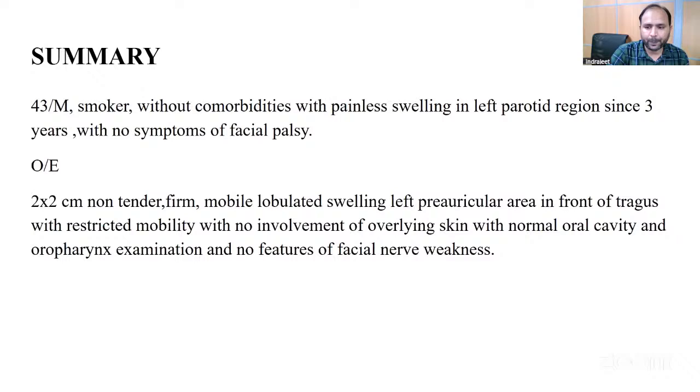Sir, it is painless and slowly progressive. There is a history of 3 years and the size is still 2 into 2 centimeter. There is no involvement of the facial nerve, no evidence of fixity, the patient is in a younger age group, and there were no lymph nodes, sir.